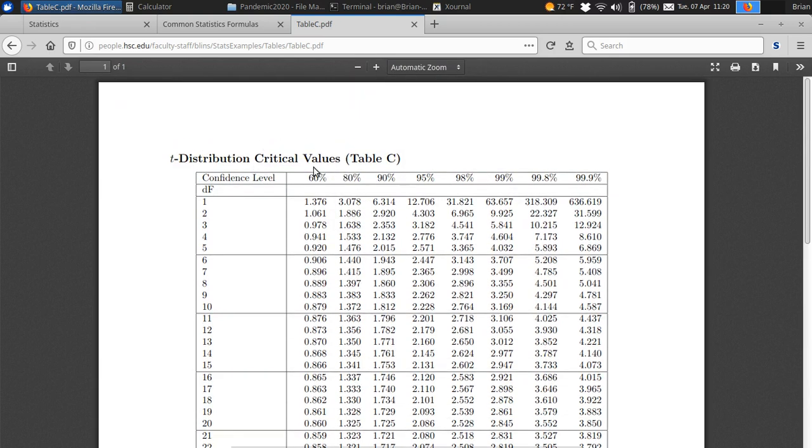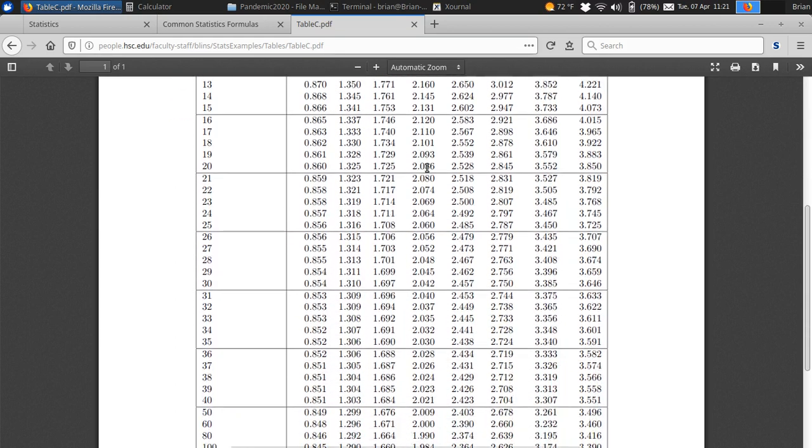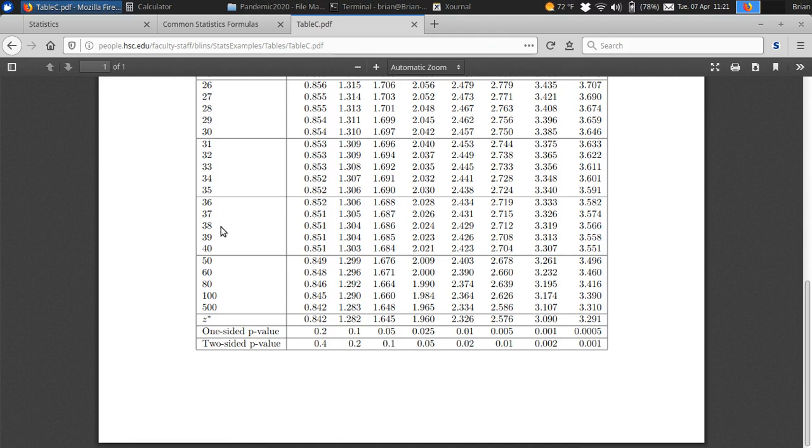You just go to the t-distribution table, and the t-distribution table actually can do normal distribution Z star values too. You just have to know where to look. So I want a 95% confidence interval, so I look in the 95% confidence level column. And then I look down, but none of these degrees of freedom are right because I don't have a t-distribution. I have a z value from a normal distribution. So I scroll down all the way until the degrees of freedom get really, really big. And you'll notice when you get up to 500, the next row after that is z star, which is the normal distribution row.